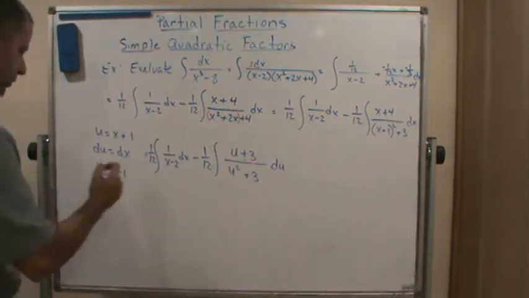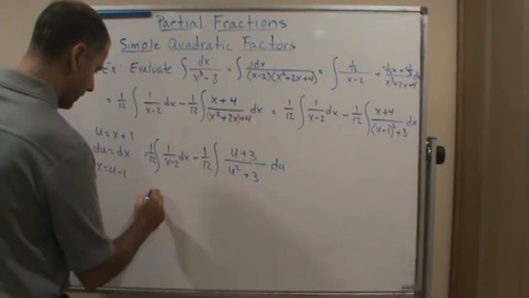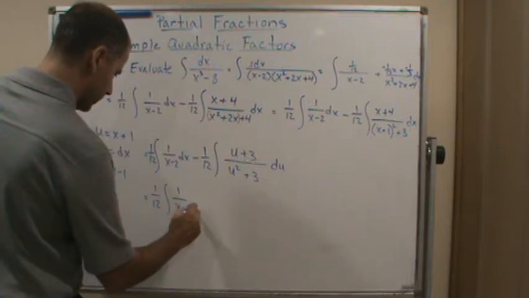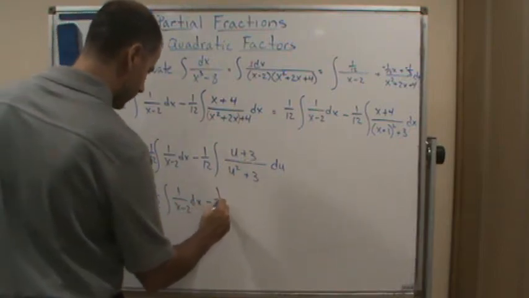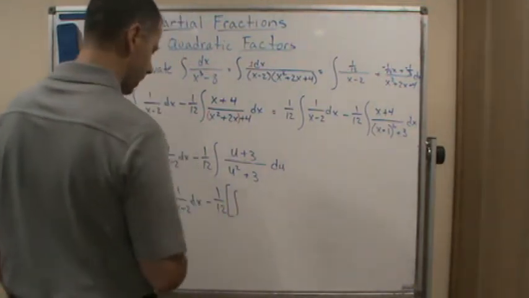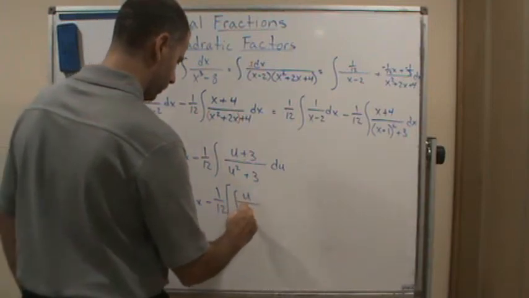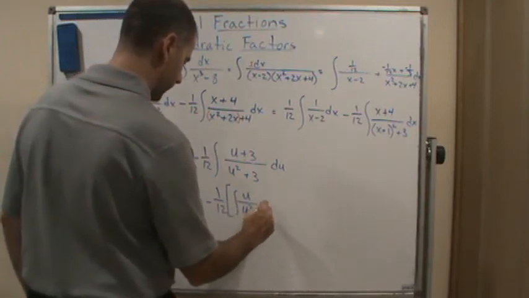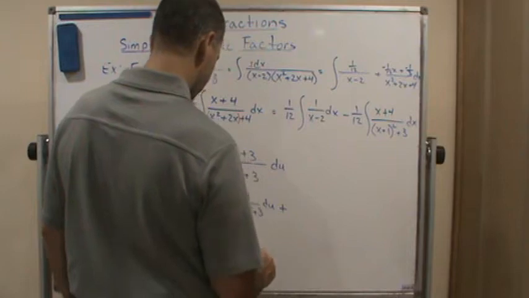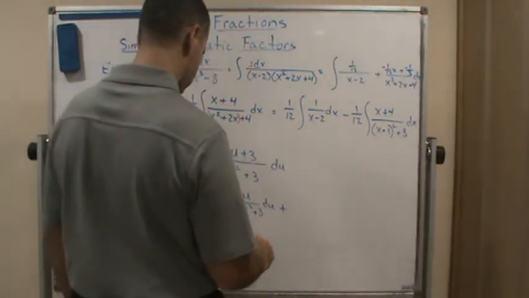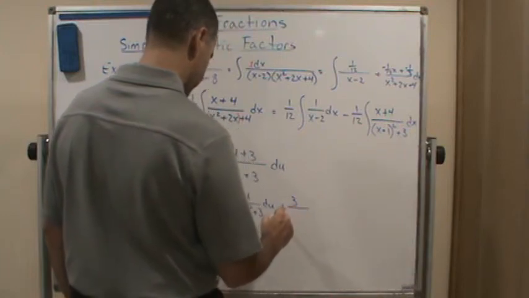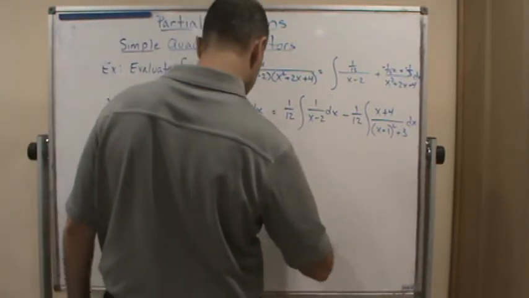So here's what I'm going to do. I'm going to write this as 1/12 the integral of 1 over x minus 2 dx minus 1/12 the integral of u over u squared plus 3 du plus 3.